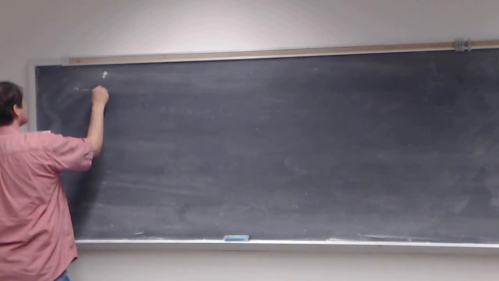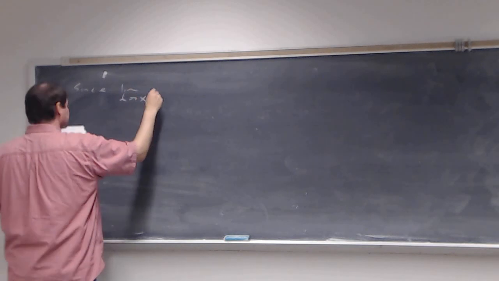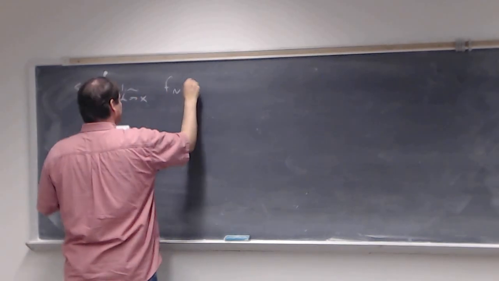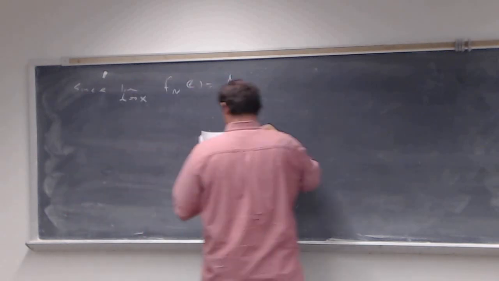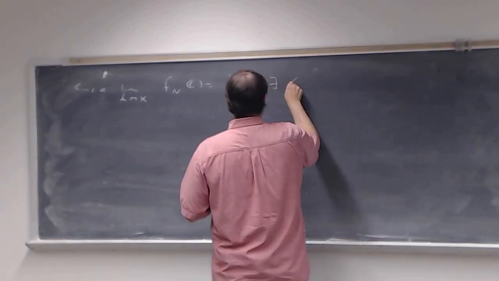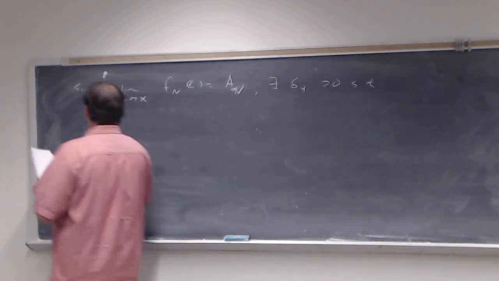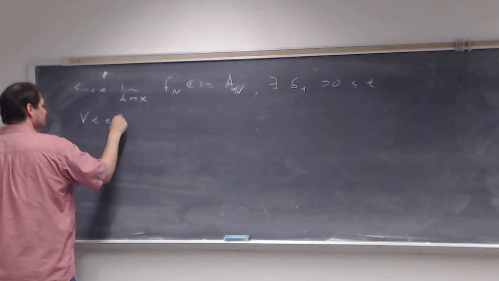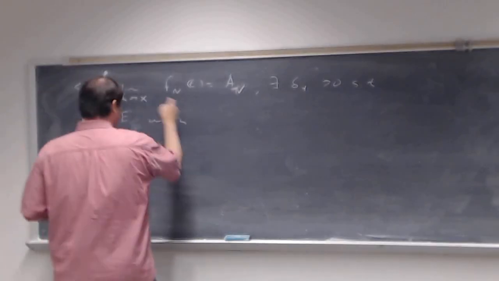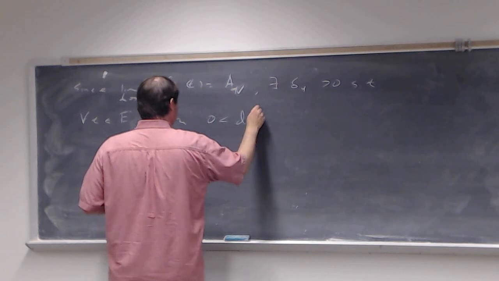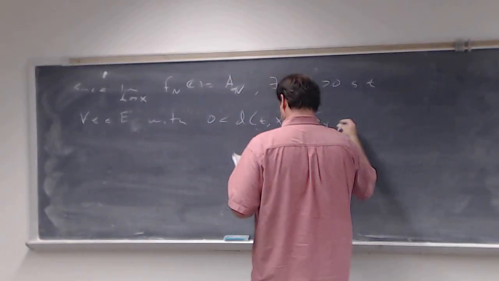So since the limit as t goes to x of f sub n of t equals big A sub n, there exists this delta sub 4 that's greater than 0 such that for all t an element of E with, using the definition of the limit of a function, 0 less than the distance between t and x less than delta sub 4.